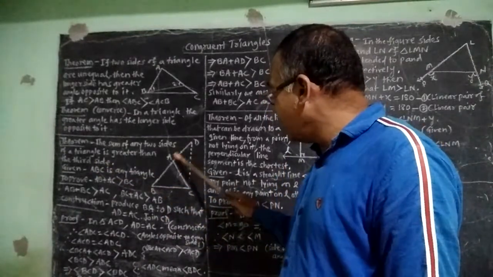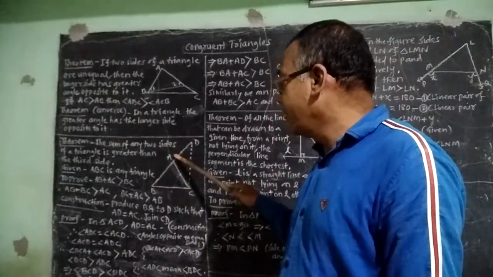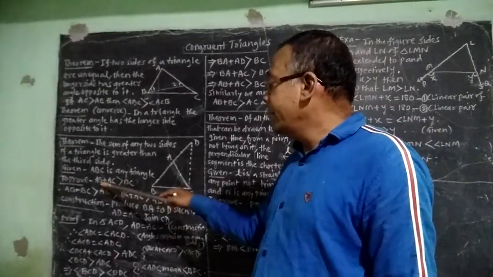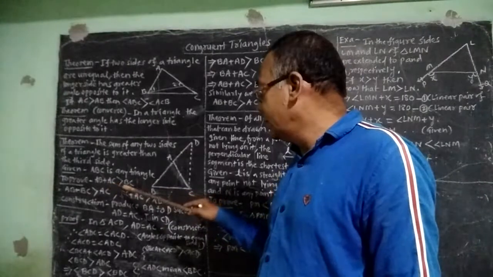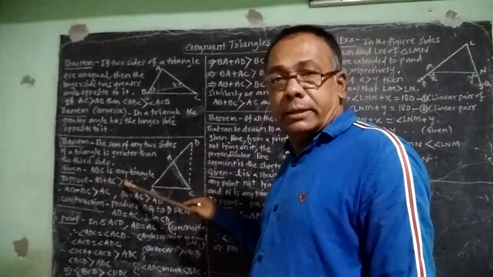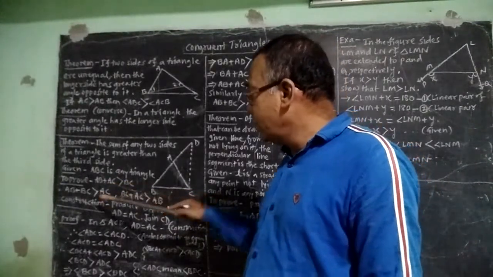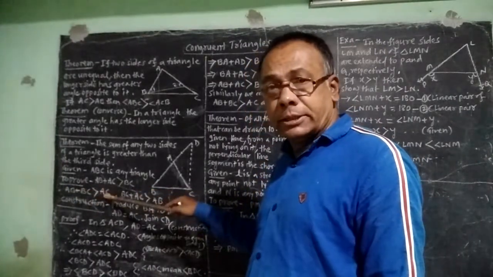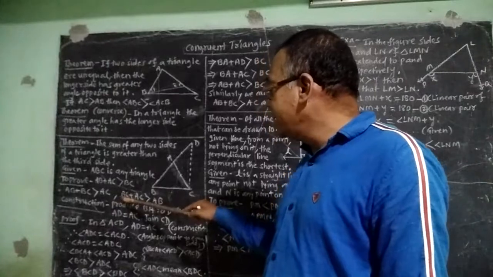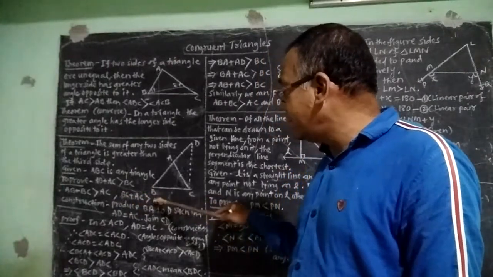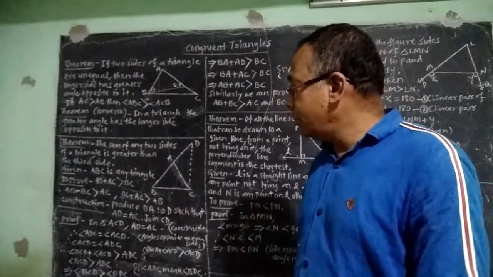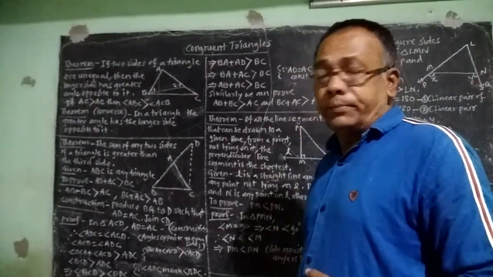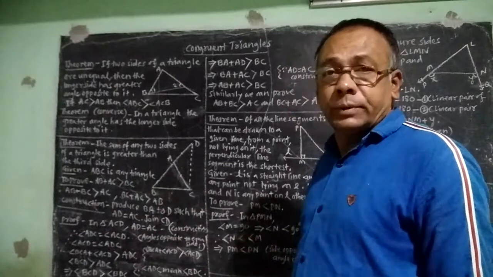Here ABC is any triangle, and we have to prove that AB plus AC is greater than BC, or AB plus BC is greater than AC, as well as BC plus AC is greater than AB. To prove this theorem, a construction is done.